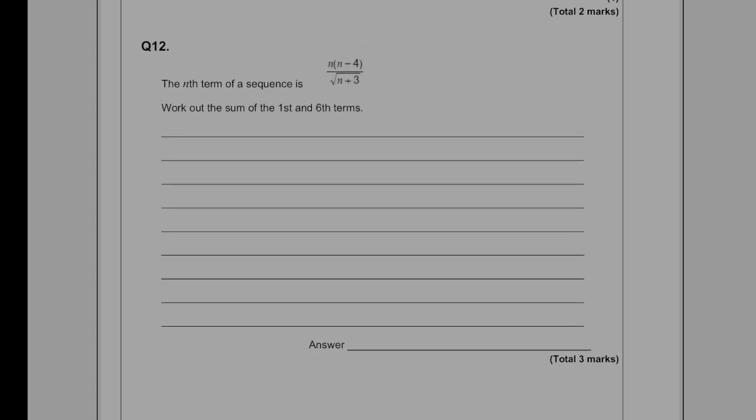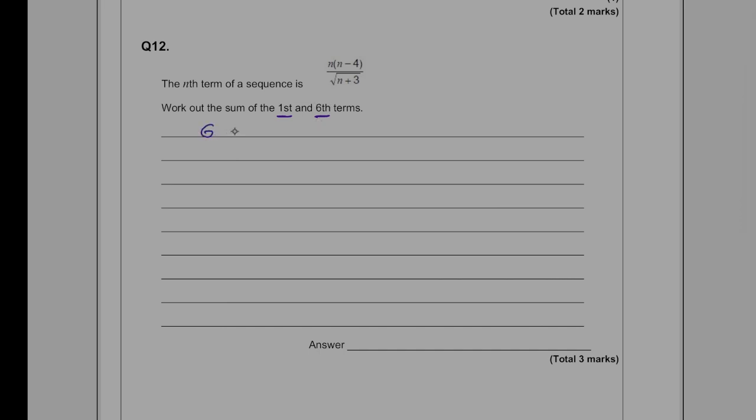Okay, question 12. The nth term of a sequence is n multiplied by n minus 4, close bracket, divided by the square root of n plus 3. Work out the sum of the first and the 6th term. Okay, so I think we've just got to substitute in our values.